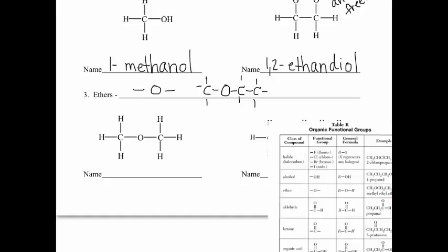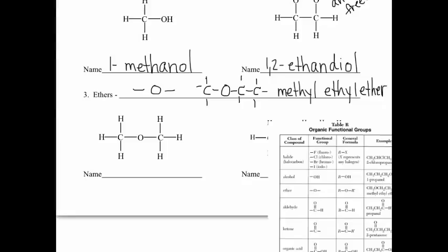What they do is they name the shortest side chain first. So this side branch is only 1 carbon long, so that's why they called it methyl. Then they named the longer side chain, which in this case was a 2 carbon, ethyl. And then because of the functional group, the oxygen in the middle, they tack on ether, methyl ethyl ether.